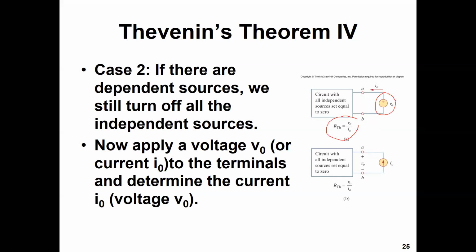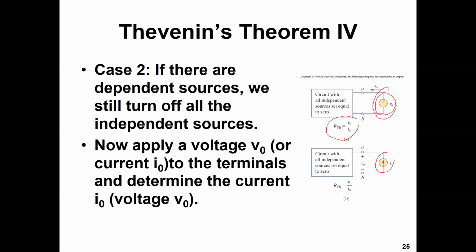Or we could apply the I0. Again, these are the two terminals here, after we remove the load. This is just a theory that we need to implement, applying any value of V0 or any value of I0.